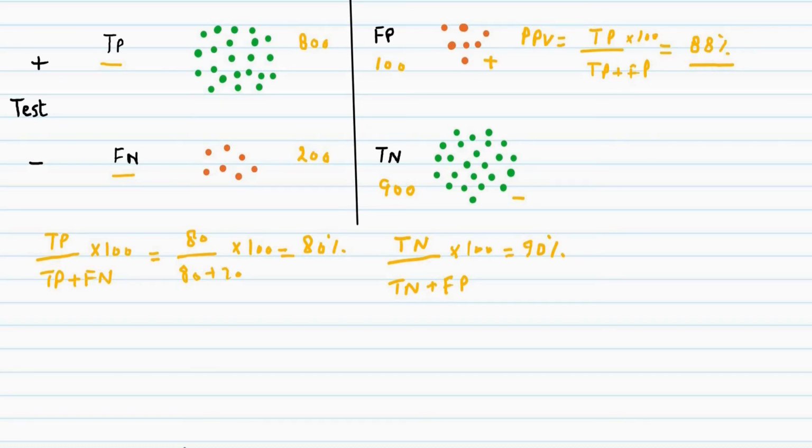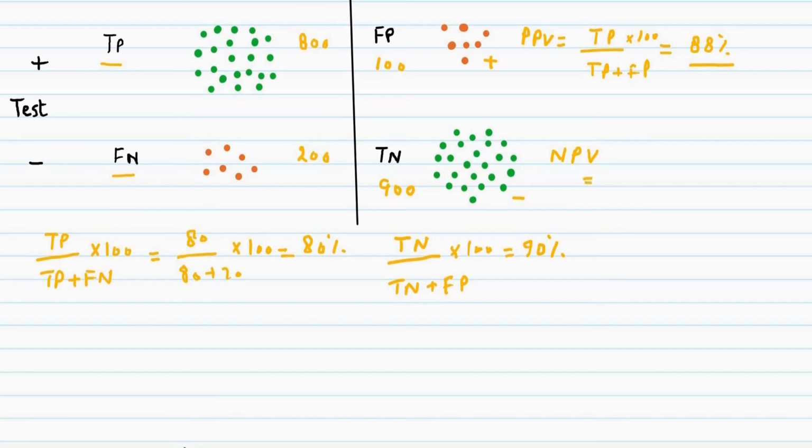Now, if the result of this test turns out to be negative, we have another test characteristic that tells us how likely this negative result is a true negative, and that test characteristic is called negative predictive value.